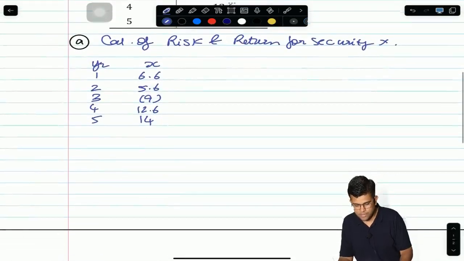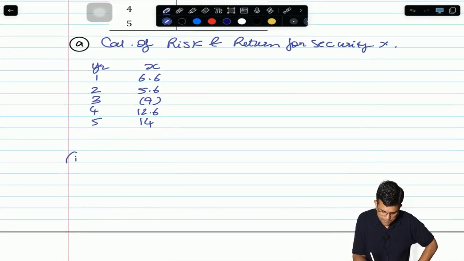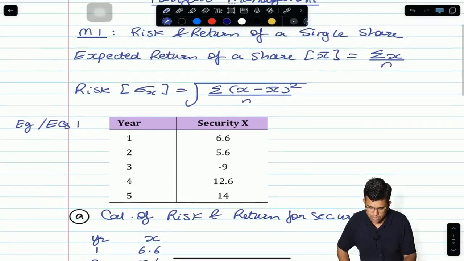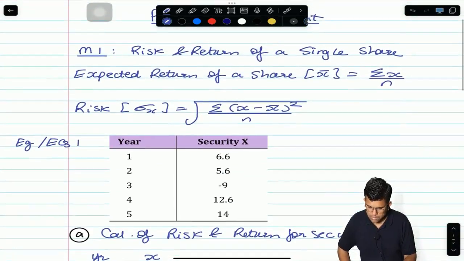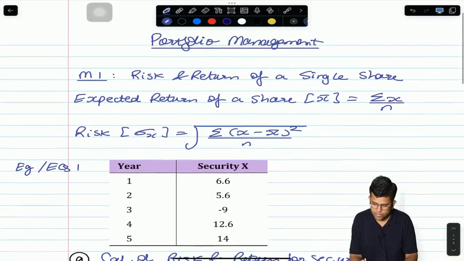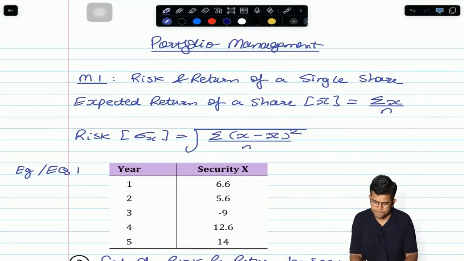Now, the first thing that I want to calculate is expected return. Now students, what is the meaning of expected return? Actually no, I just forgot. Go back to the formulas where you have written. Module 1 is there, module 1. Risk and return of a single share you have written, no?